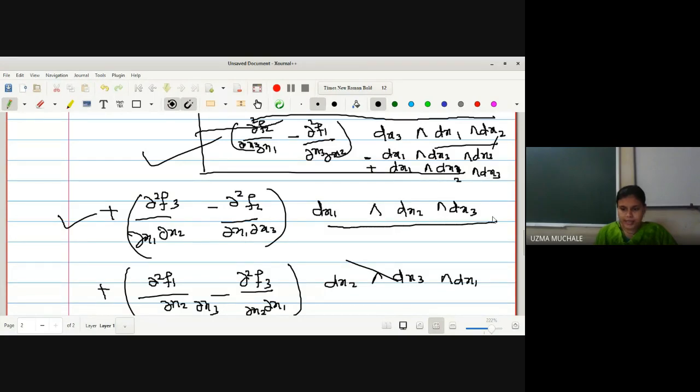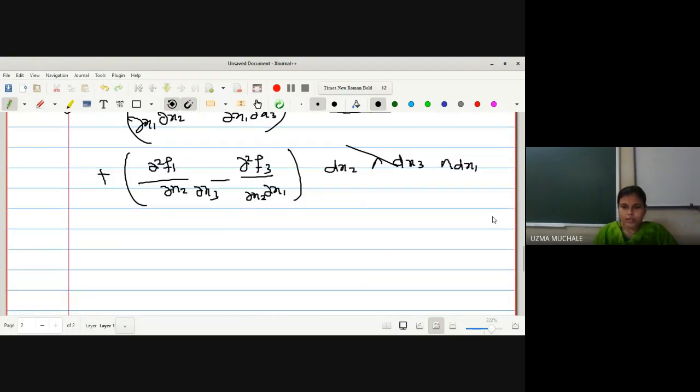ये already sequence में. So what we can do for the last term? What I have to do here? Now this dx2 I will keep here as it is. Here is dx3, sorry dx1 here, because I will interchange the position of x1, x3. So again there will be a negative sign.